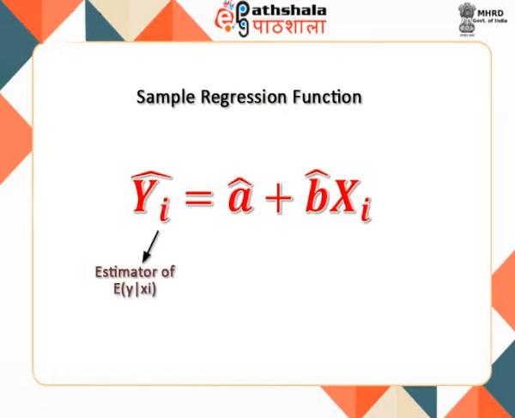Y cap i is the estimator of the expectation of y given xi, a cap is the estimator of a, b cap is the estimator of b. This equation allows us to calculate the fitted value y cap i for y when x is equal to xi. In the SRF, a cap and b cap are the estimators of a and b.